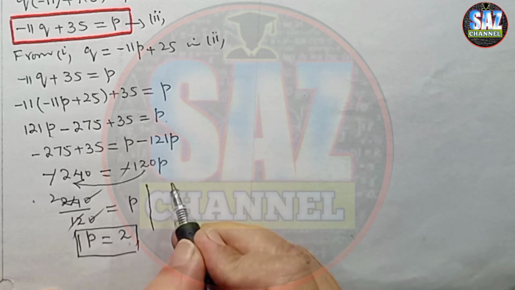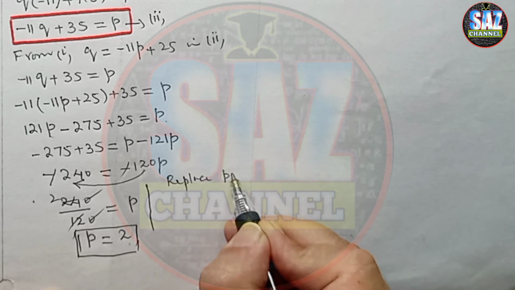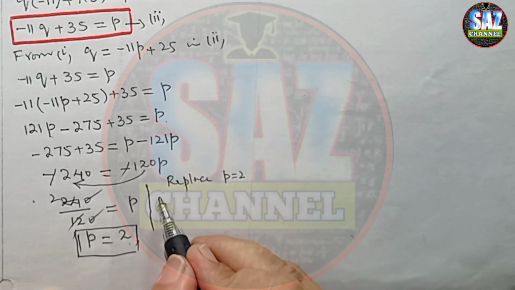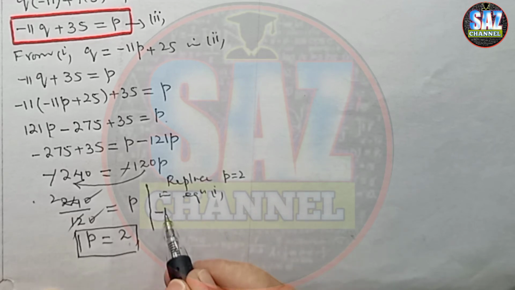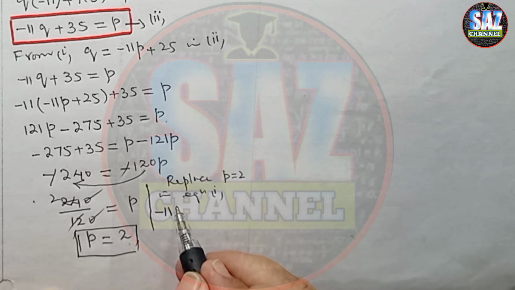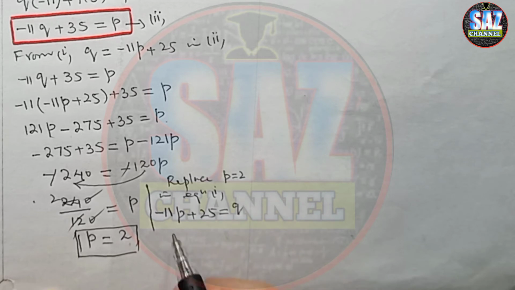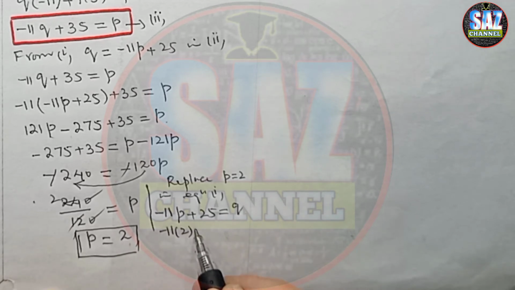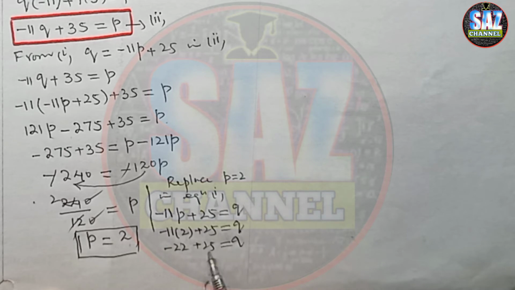Replace p equals 2 in equation 1, and the equation will take the form minus 11 into 2 plus 25 equals q, minus 22 plus 25 equals q. 25 minus 22 is 3. So the value of q equals 3.